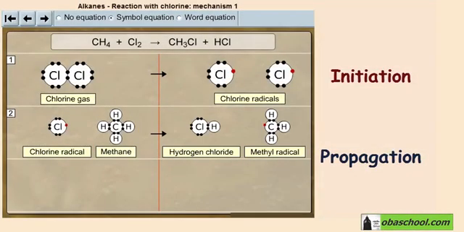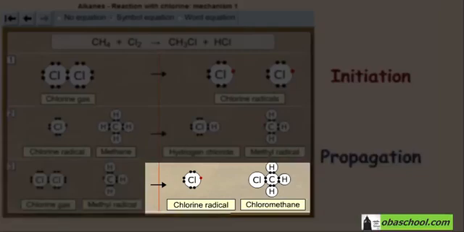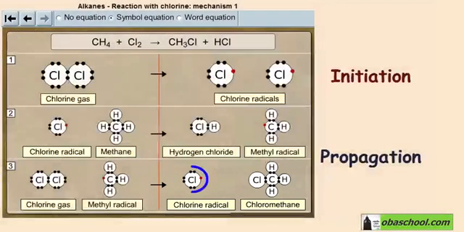In the next reaction of the propagation step, a chlorine molecule Cl2 reacts with a methyl radical to produce chloromethane and a chlorine radical. So this chlorine radical can now react with another methane molecule, so the propagation reactions alternate.